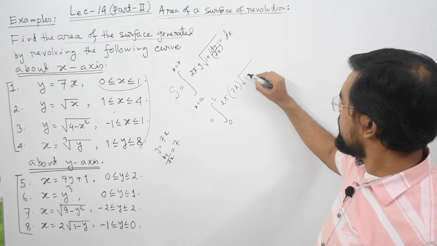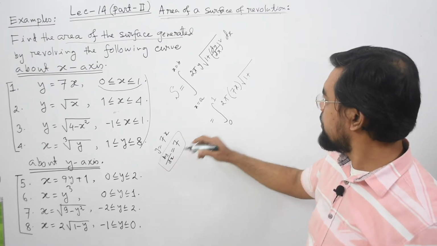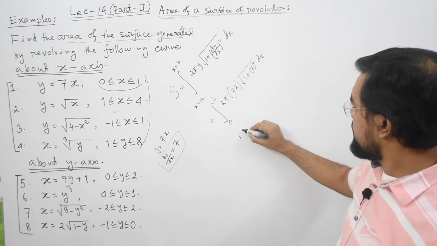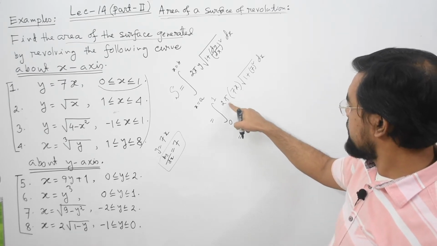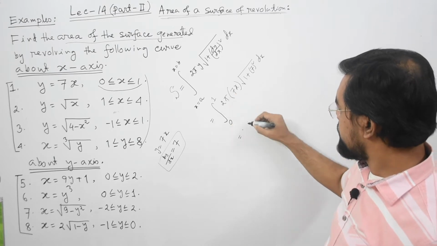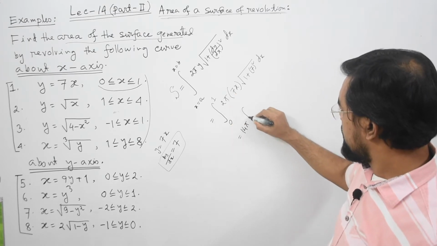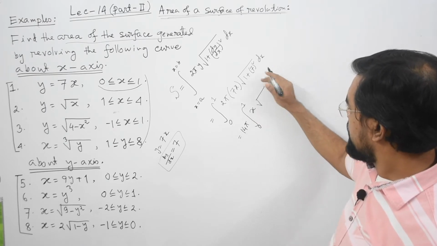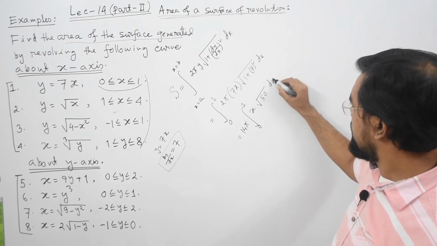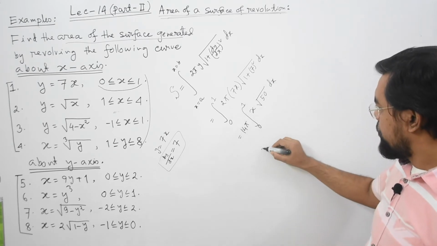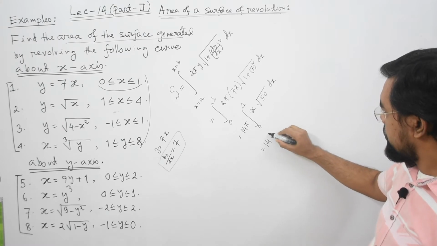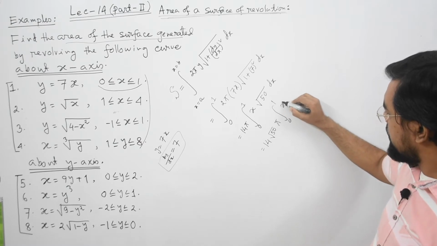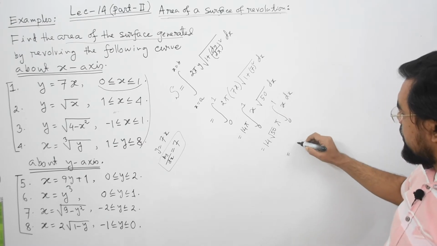The square root of 1 plus dy/dx squared is the square root of 1 plus 7 squared, dx, and I can take the constant out of this integration. So 14 pi, integral 0 to 1, x root 50 dx, which is equal to 14 root 50 pi, integral 0 to 1, x dx.